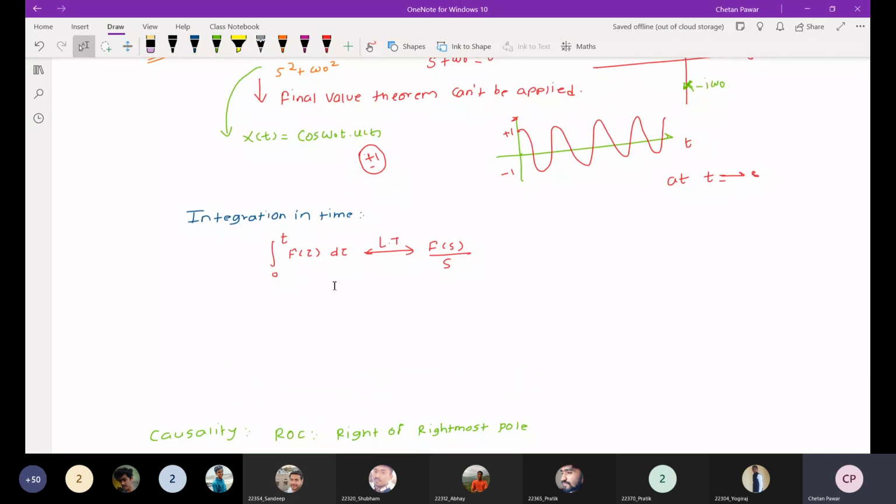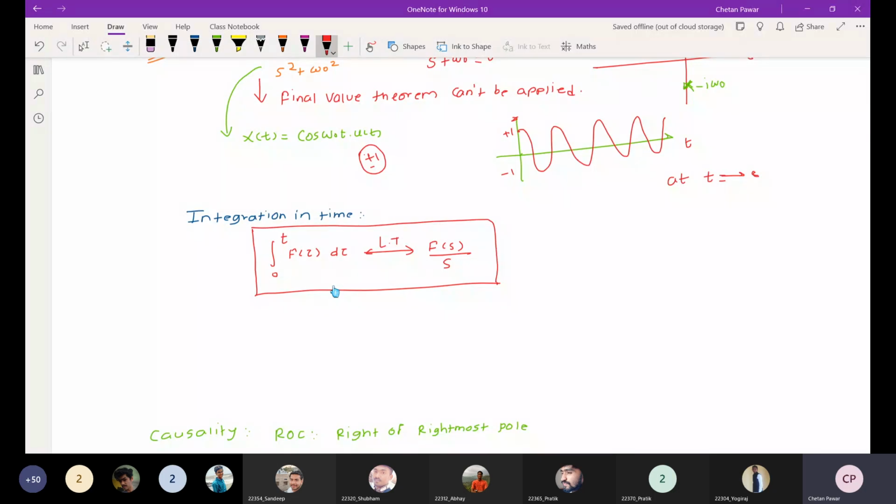The next property is integration in time. If in the time domain you use integration, in the frequency domain we divide the Laplace transform of that particular signal by s, so F of s by s. This is also one important property, integration in time.